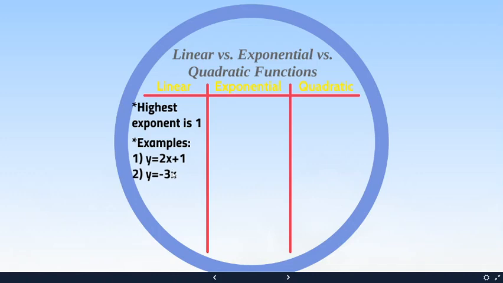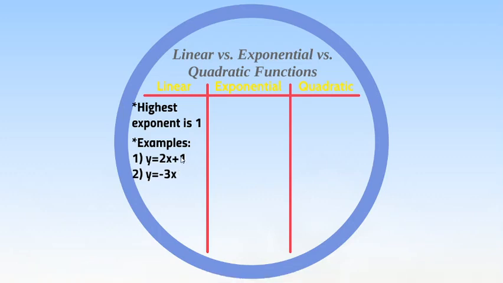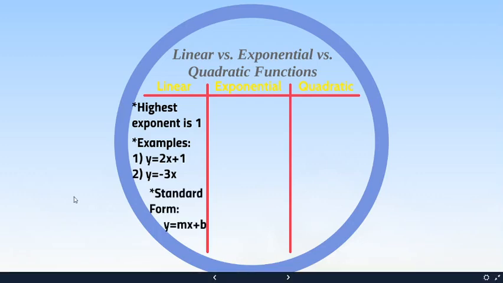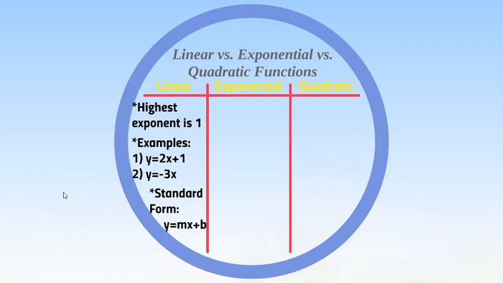Same with this one, the highest exponent that you see in each term is x to the first. So we're looking at the power of x and determining what your highest exponent is. If you have a linear function, the highest exponent is always going to be a 1. And your standard form for a linear function is that nifty y equals mx plus b, which you've probably heard a billion times.